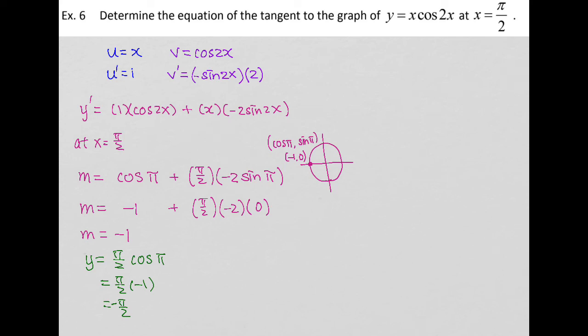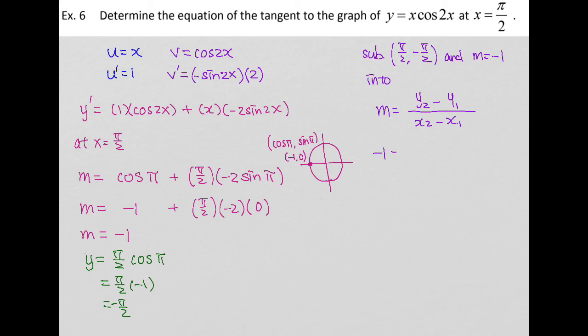Now, let's substitute everything we know into the slope formula to find the equation of the tangent line in standard form. So substitute the point pi over 2, negative pi over 2, and the slope m equals negative 1 into m equals y2 minus y1 over x2 minus x1.